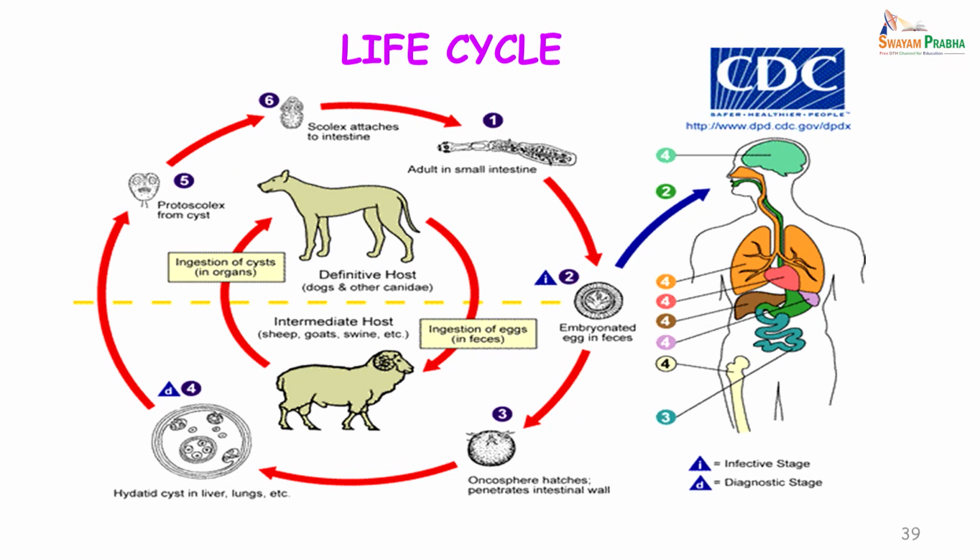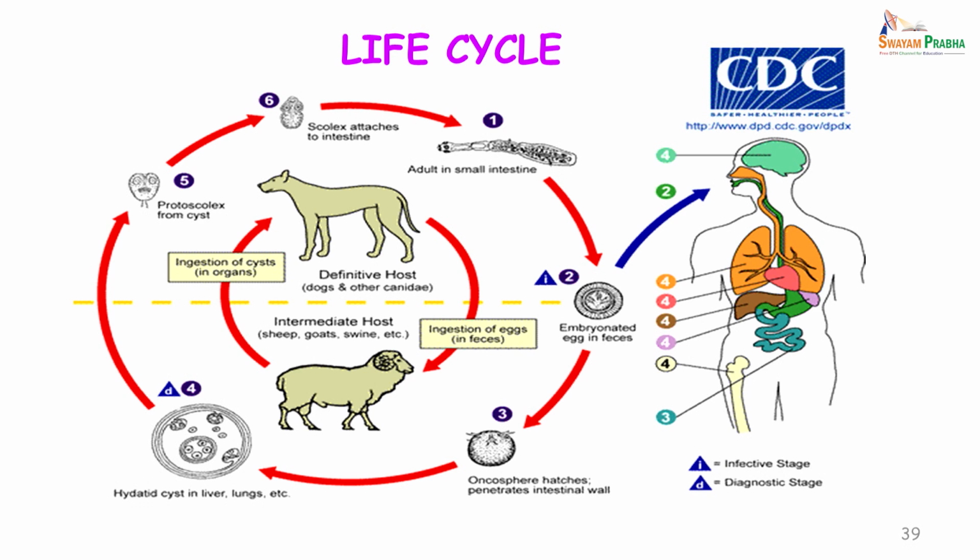Okay, the life cycle of Echinococcus granulosus. We start with the adult worm in the small intestine of the dog. Now, the ova are passed in the feces, in canine feces, and like I mentioned, man ingests these ova. When man ingests the ova, the oncosphere hatches in the intestine.